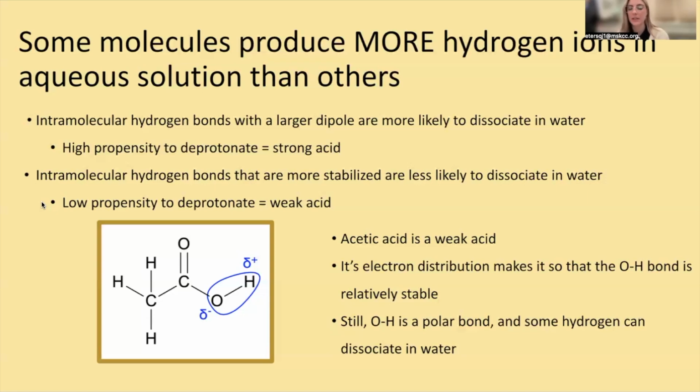However, in this case, the electron distribution throughout the rest of the molecule of acetic acid stabilizes this bond. Therefore, the propensity of this bond to dissociate is lower than that of HCl. So HCl, having a high propensity to deprotonate, is a strong acid, and acetic acid, having a lower propensity to deprotonate in aqueous solution, is a weak acid.